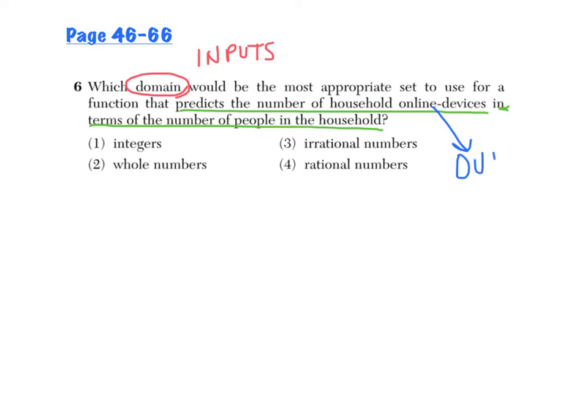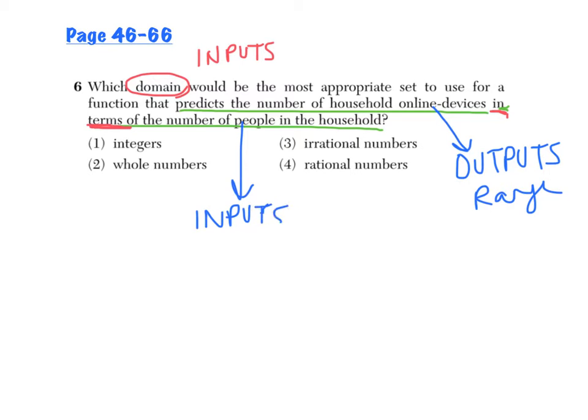Those are then the outputs. Okay, that's your range. Here, what we're putting in, "in terms of" is a huge hint. That "in terms of" tells us that that's what we're putting into the function. So in terms of the number of people, those are our inputs, which of course would be our domain.